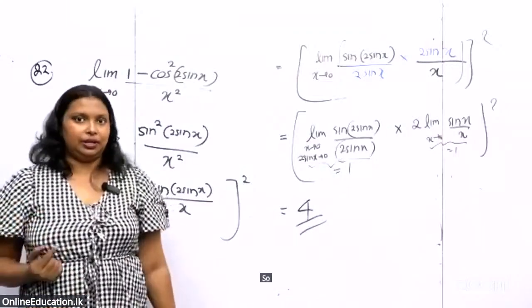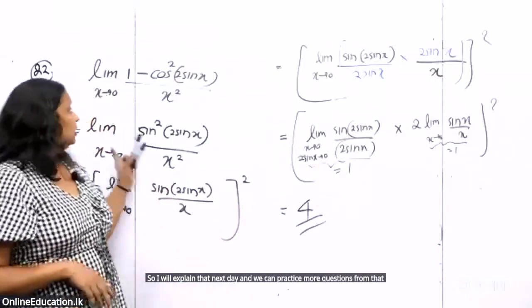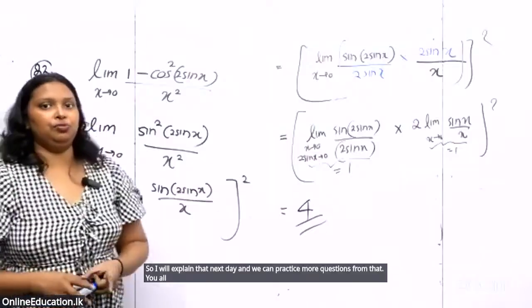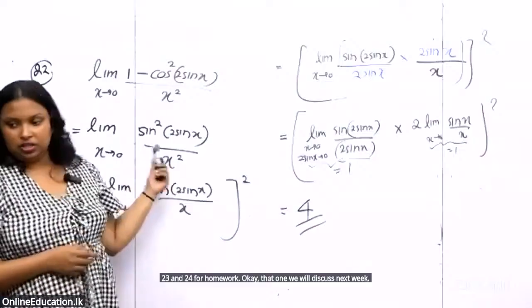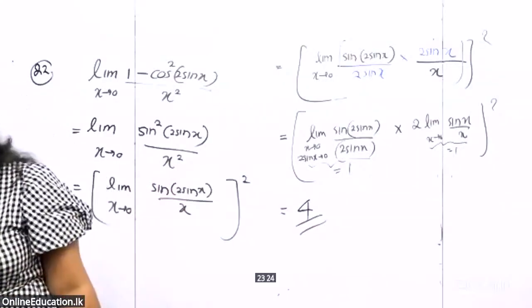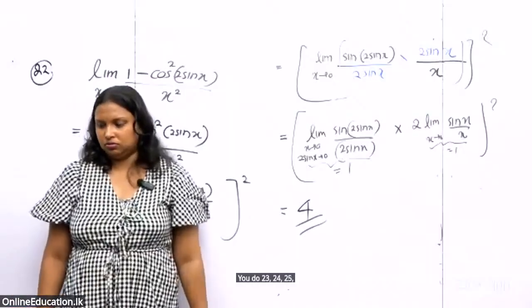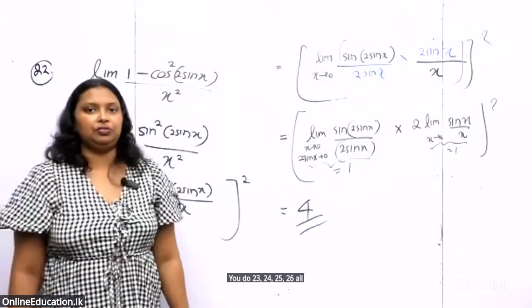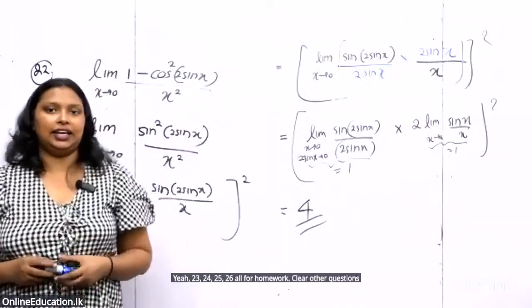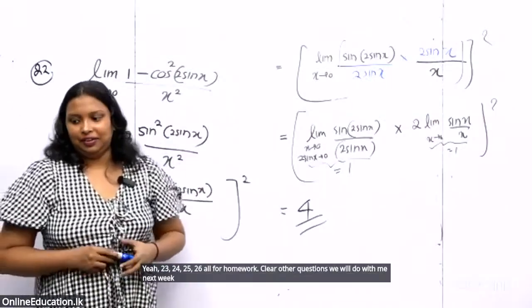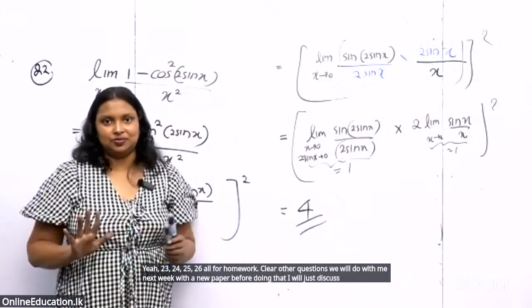So I will explain that next day and we can practice more questions from that. You all do 23 and 24 for homework. Okay, that one we will discuss next week. Similar questions. You do 23, 24, 25, 26 all for homework. Clear? Other questions we will do next week with a new paper, right? Before doing that, I will just discuss these questions and finish this work, right?